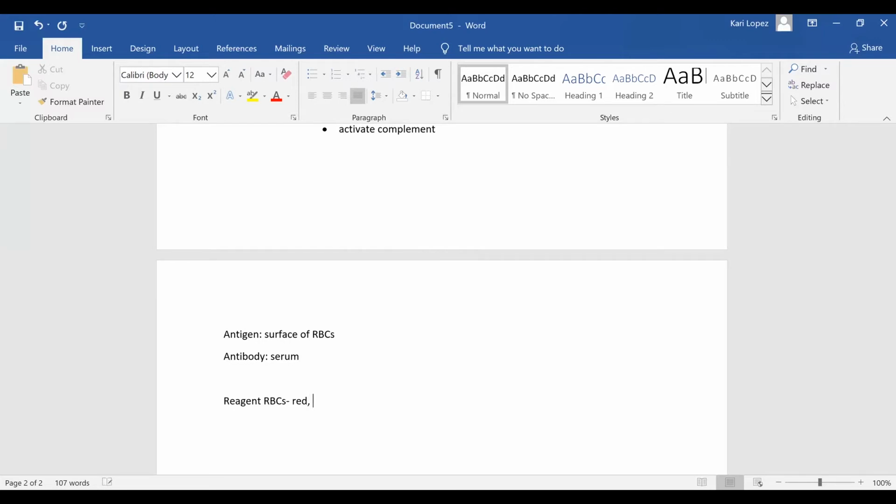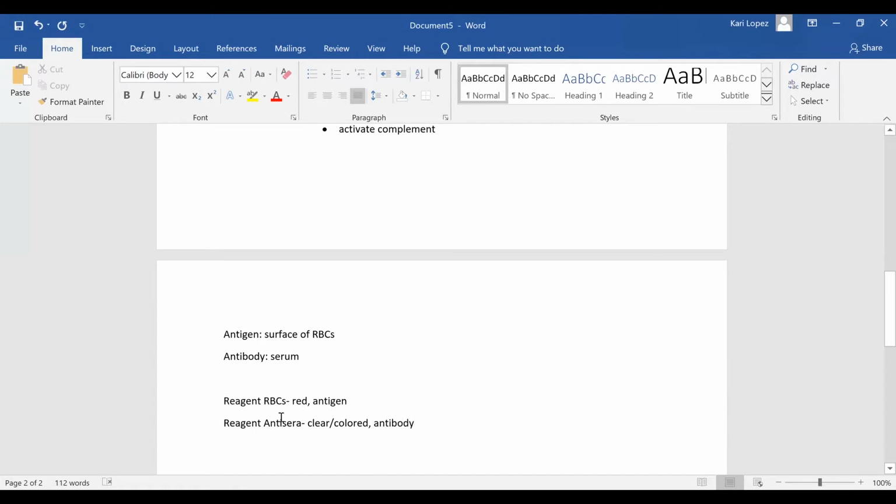And again, if you can't remember, that's going to be your antigen. And then you've got reagent anti-sera. It's going to be clear or colored, and when I mean colored, it's going to be dyed. And it's going to consist of your antibody.